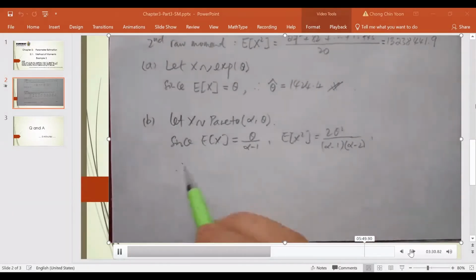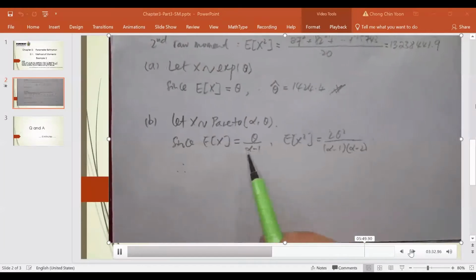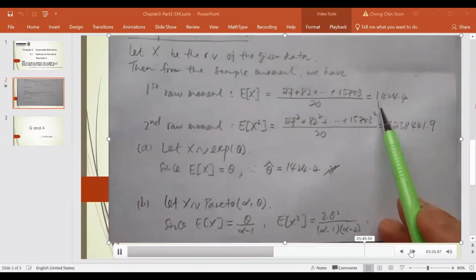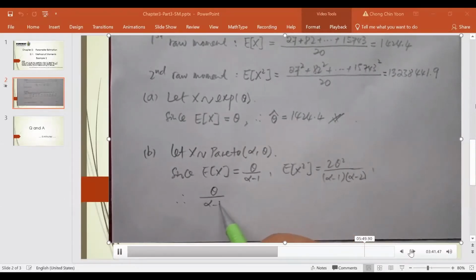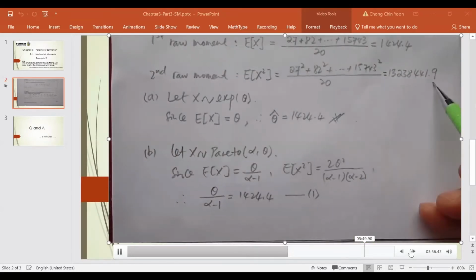So therefore, this result is equal to 1424.4. Therefore, theta divided by alpha minus 1 is equal to 1424.4. Say this is equation 1. And for the second raw moment here, this will be equal to this figure.